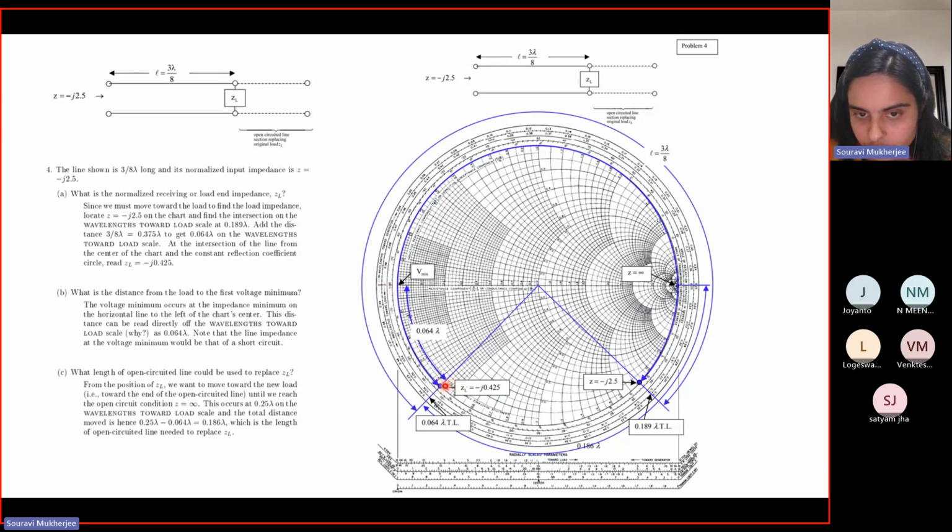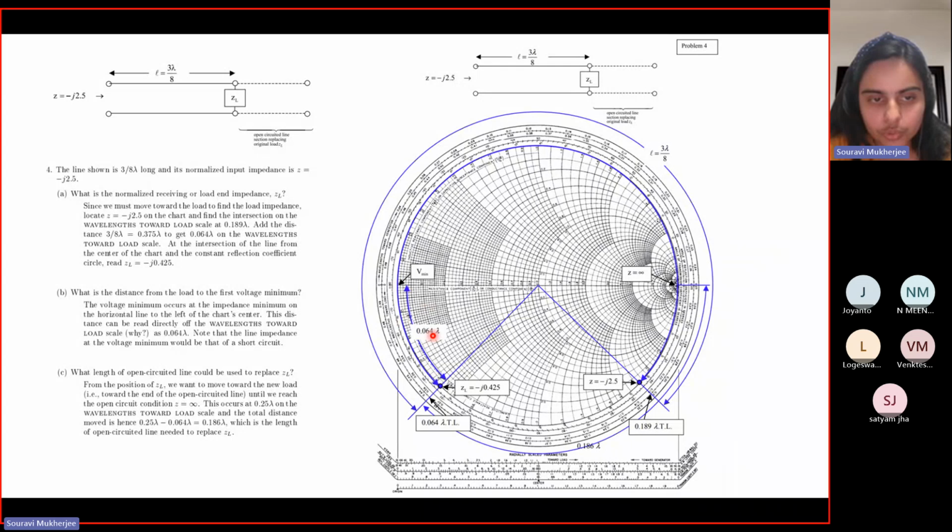And the load is at 0.064 lambda. That means you have to find the distance between this point and this point, which is nothing but 0.064 itself, because this point is nothing but 0 on the wavelength towards load scale. So once you find it, you can directly say that from the V minimum point, the distance from the load is given as 0.064 lambda.